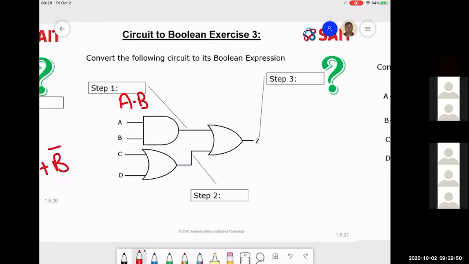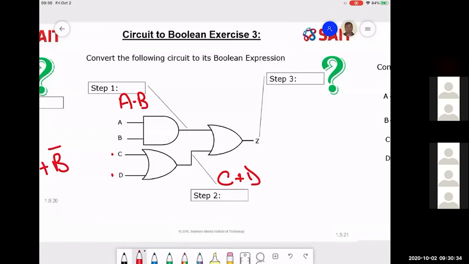You've got A or B. It'll be C. Remember, it's C and D. C or D. Okay. Step 3. Careful on the typing on this one. Rohan? Not sure, to be honest.